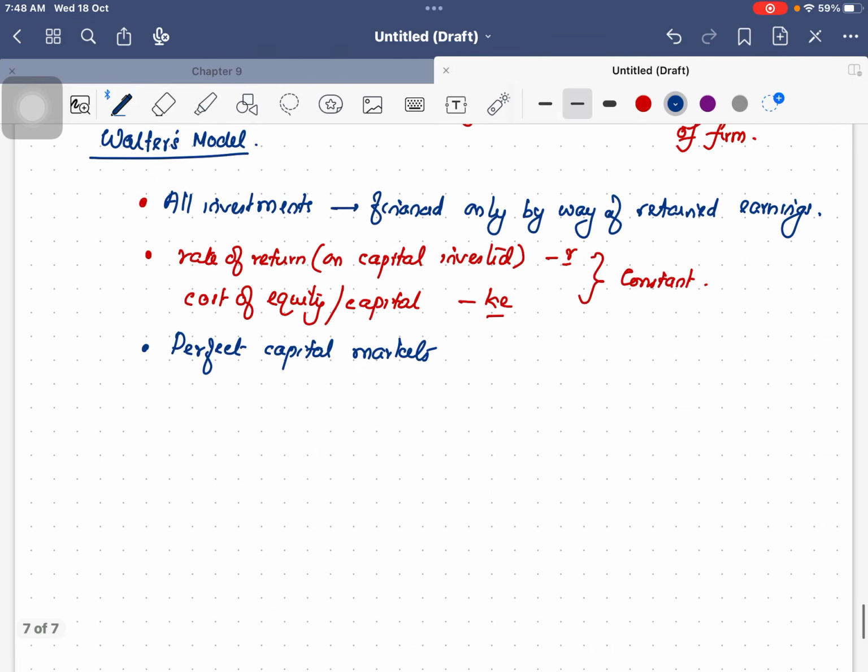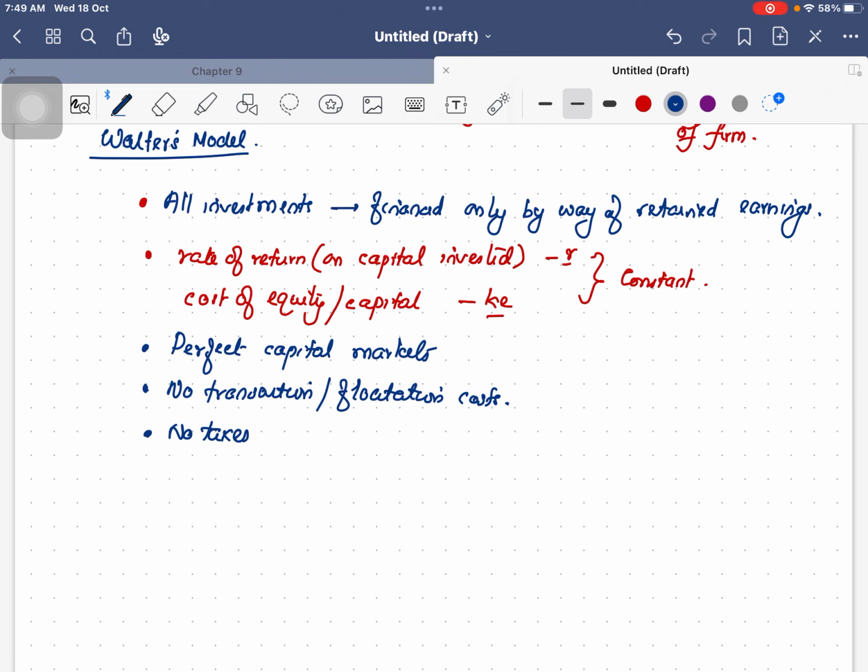Then the next one, there are no transaction or flotation costs. Again, one assumption which we had in the approach also. Next one, no taxes.